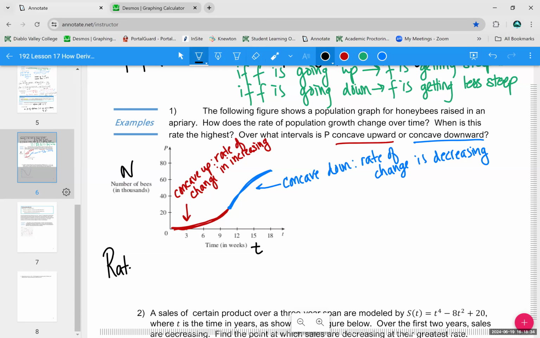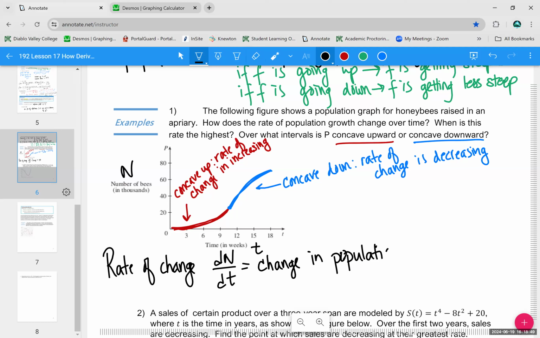The rate of change, which is dN/dt, okay, is the change in population of bees in number of bees per week, since time is in weeks.